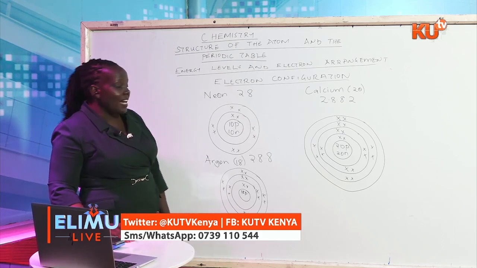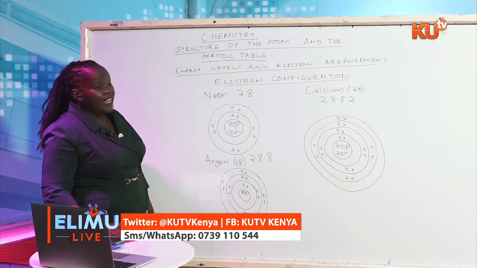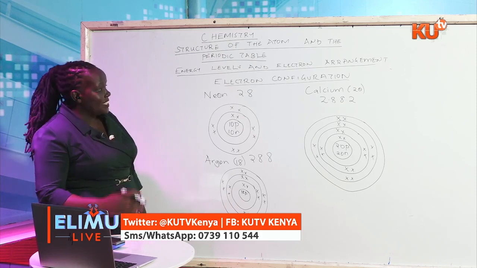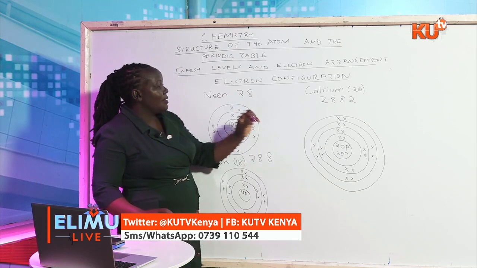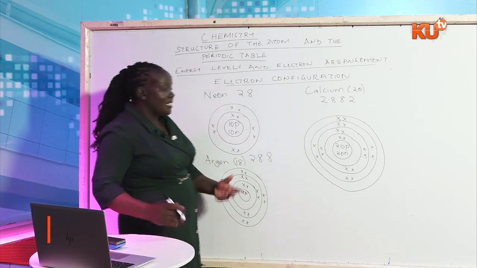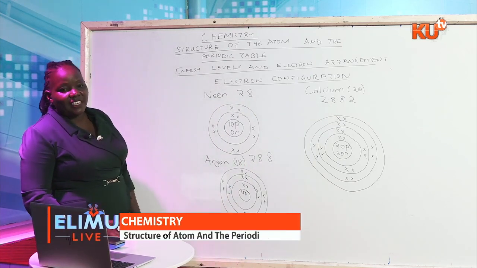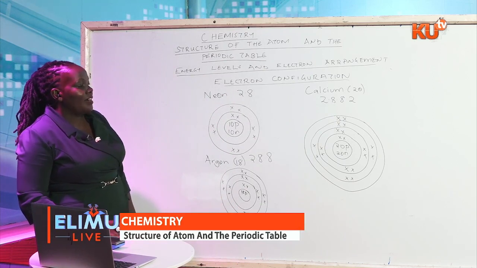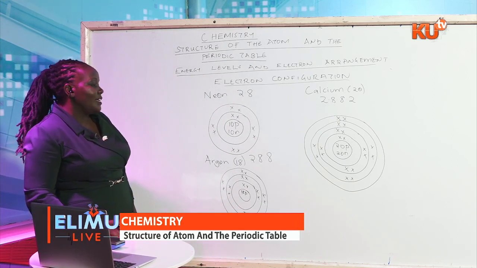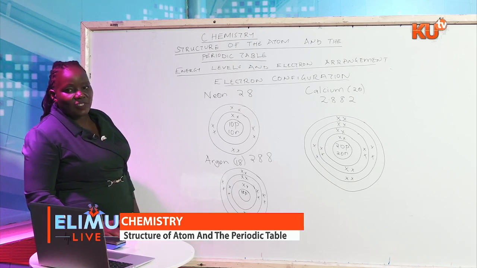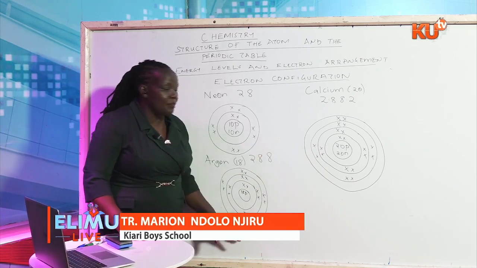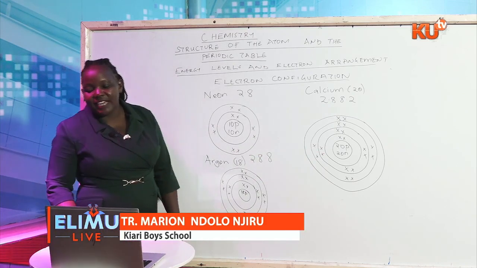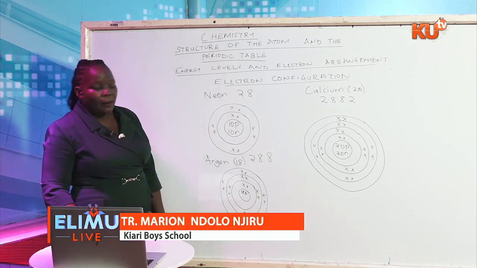Then we have looked at the diagram. You can represent the electrons just by writing, like the way we have done here, but at the same time we can also represent them using diagrams. And we have seen that when you are using a diagram, the electrons are either represented by crosses, like the examples that we have on the board, or they can be represented by dots.